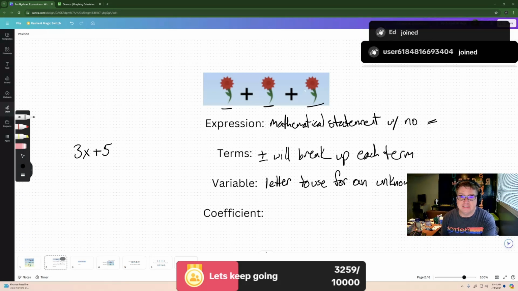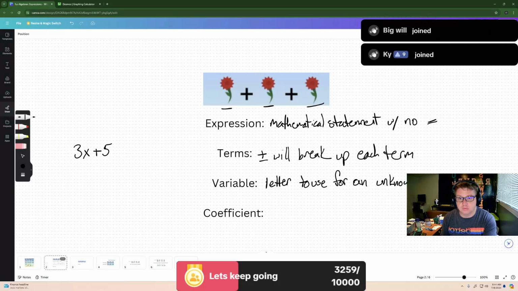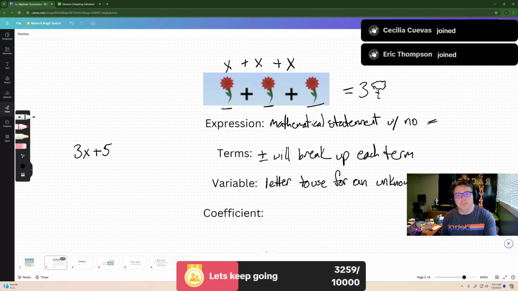So when you see these flowers, really you want to think about it as x plus x plus x, all right? And if we put the three flowers together, we come up with three flowers, right? Well, if we put the three x's together, we come up with 3 times x.